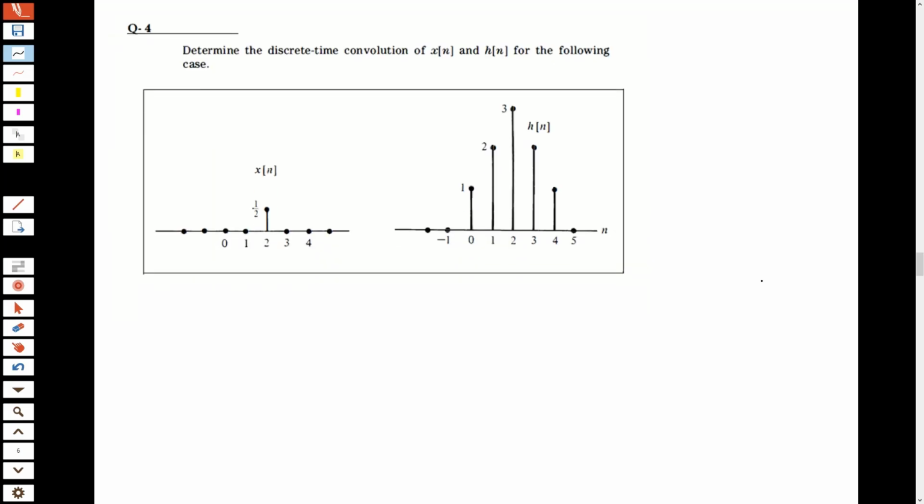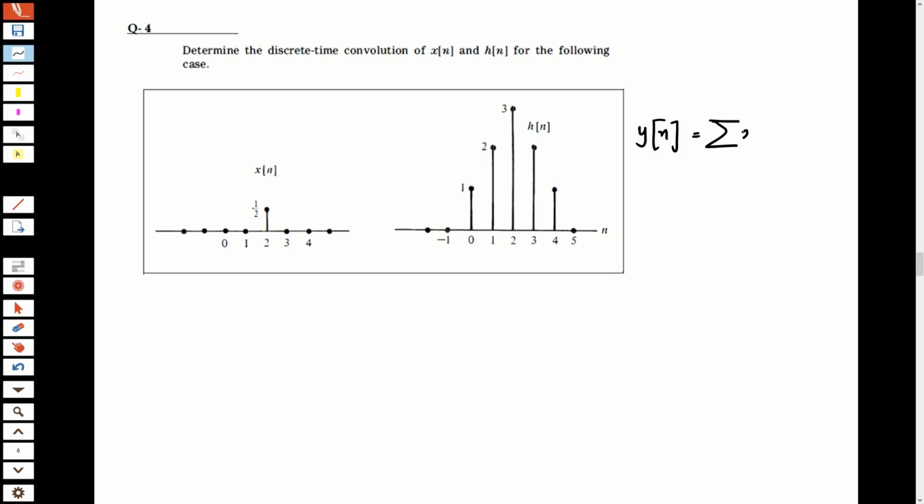We move on to the next question, question 4, which asks us to determine the discrete time convolution of x[n] and h[n]. x[n] and h[n] are given here. So you already know that convolution is nothing but a shifted, reflected, weighted summation, right?